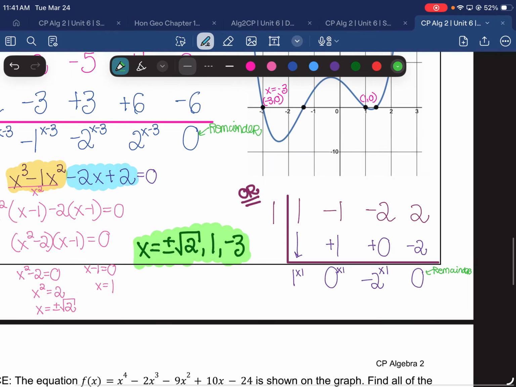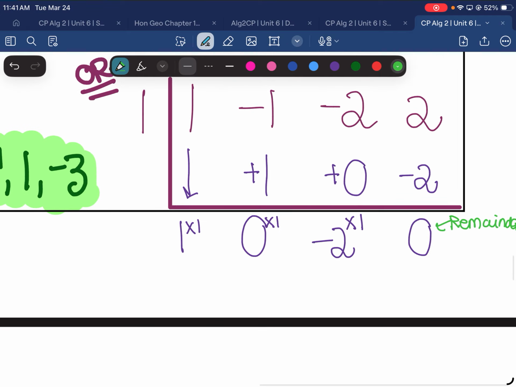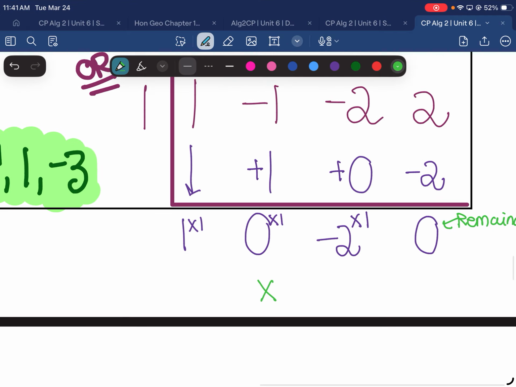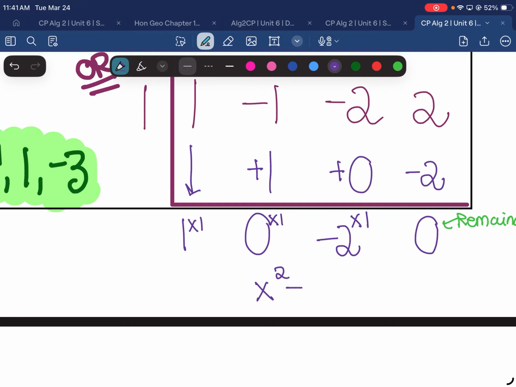Now, Olivia, I'm coming back to you. Write the polynomial from this. What degree do I use if these numbers came from x cubed? Second. There you go. So at this point, I get x squared. You can write plus 0x, but you don't need to.